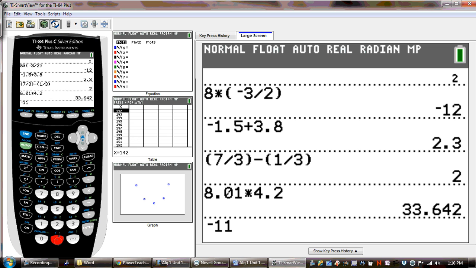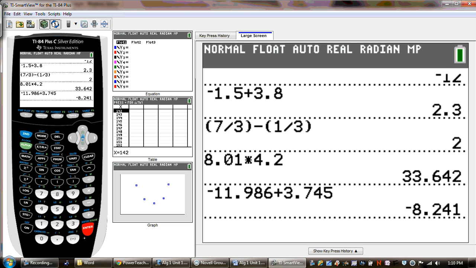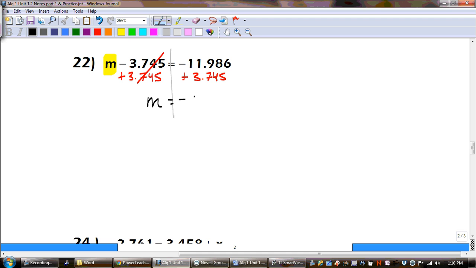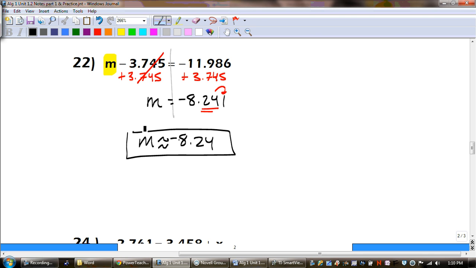Negative 11.986, and we are adding that to 3.745. Okay, and then we get negative 8.241. And once again, we want to round. Since it's a 1, we let it rest, and that stays as negative 8.24.